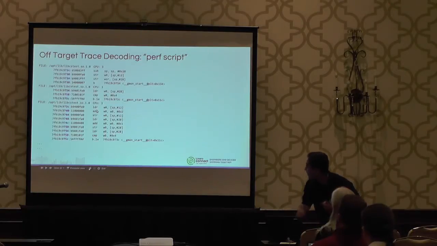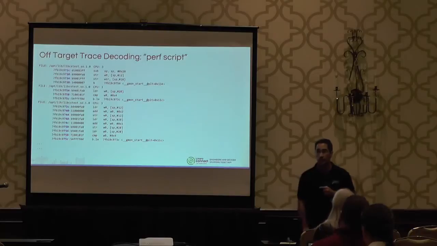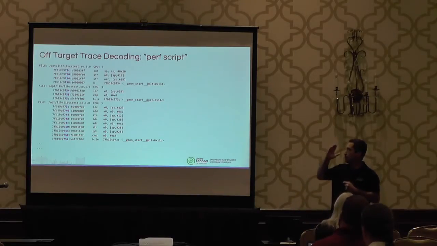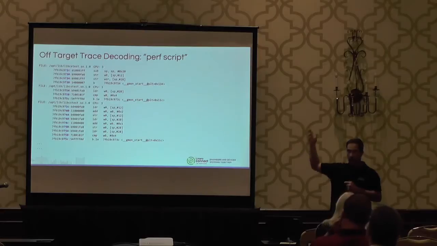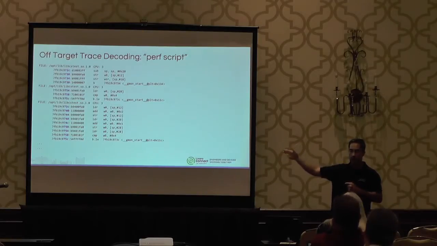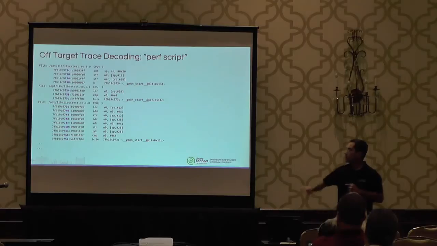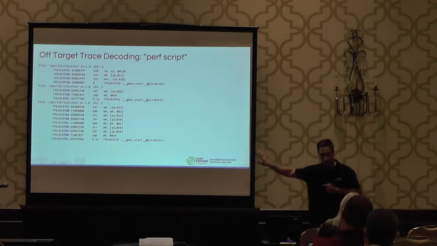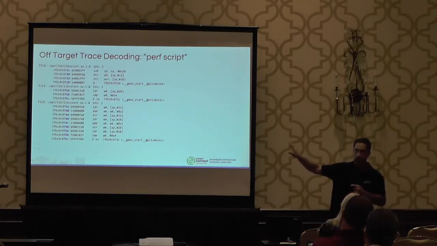The disassembly script is really where we see the power of CoreSight and trace decoding. For each range we have the output, showing where it was executed from on the CPU, and all of the assembly code that was executed. Then the next range, and so on for all of the ranges that were collected during a trace session. This is the output of the disassembly script, which is also available on GitHub.